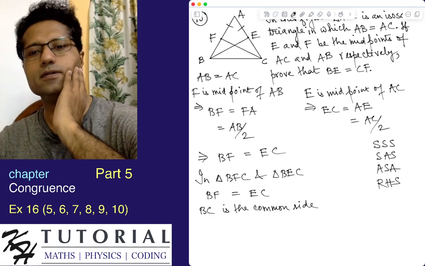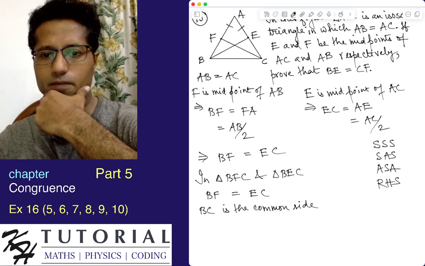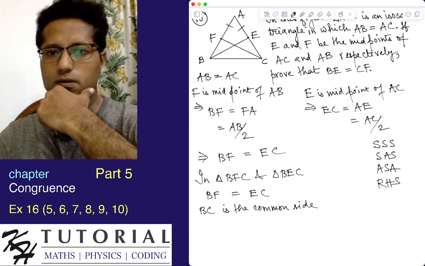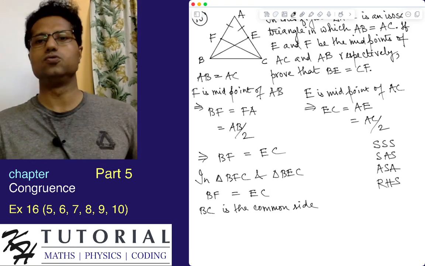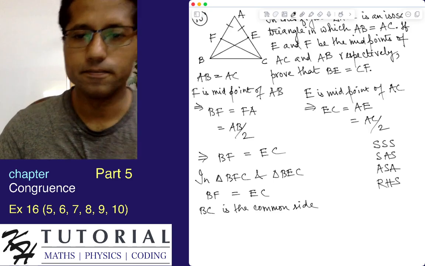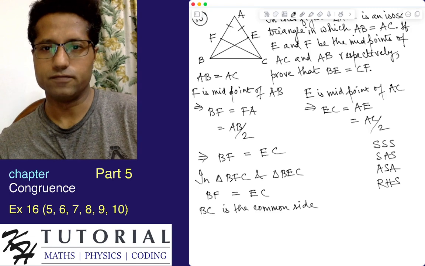It is very important in this kind of problem to wisely choose the two triangles. It will depend a lot on how quickly you can solve the problem, if you can choose the two triangles correctly. I have chosen the triangles BEC and BFC.